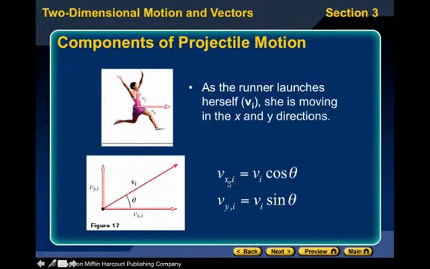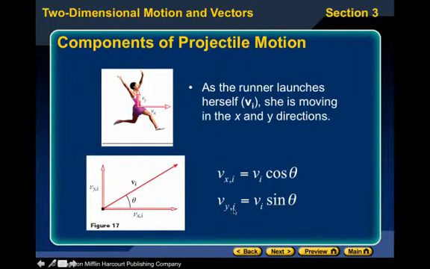Right here? Vxi. Or sometimes, I always learned it as Vix, the initial velocity in the x, but either way. Vi, which would be her initial velocity here, times cosine, because it'd be the adjacent over hypotenuse. So what's the second one?